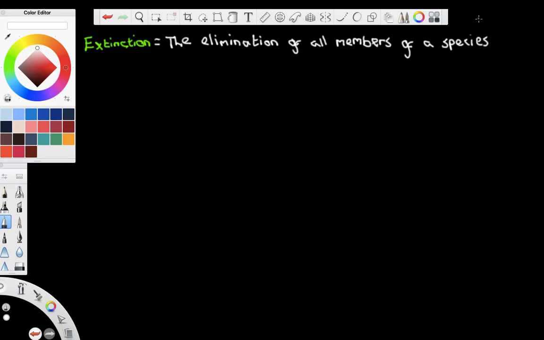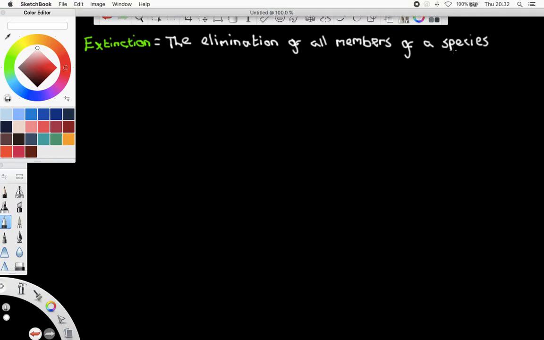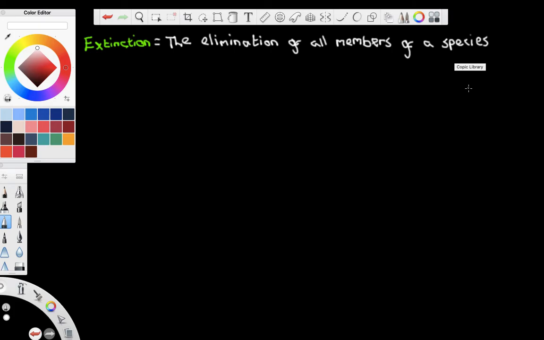Now, what this means is that that species can no longer be found anywhere on Earth. Okay? So it's not a case of, oh, they're not in the UK anymore, but they're still found in Indonesia. They have to be gone from everywhere.